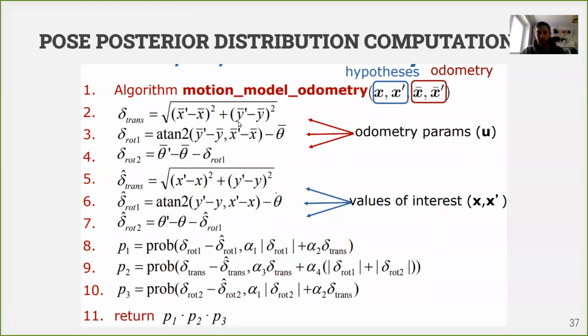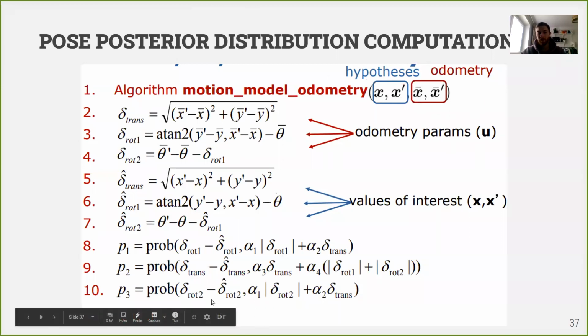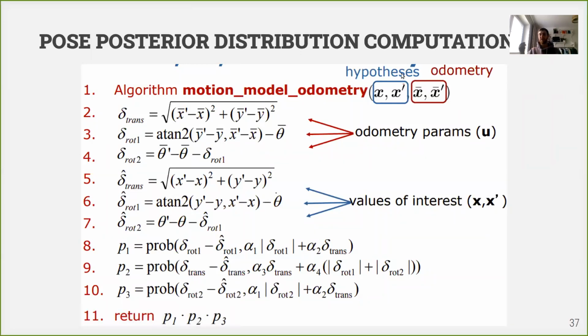It allows us, for our given hypothesis, which can be any predicted place, and given odometry readings, to predict the probability of some motion. So once again, we can sample any point in space and ask this function how probable it is that our robot is here according to odometry readings, and we will get an answer.